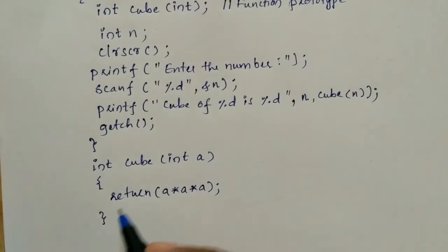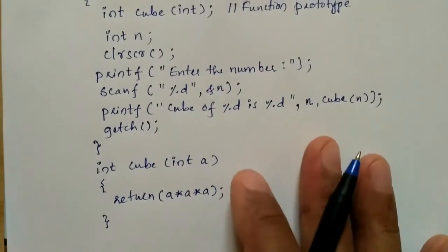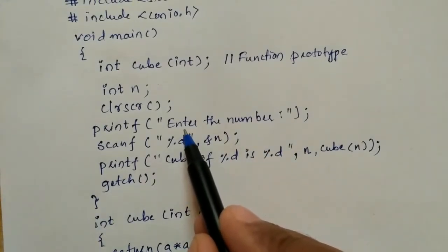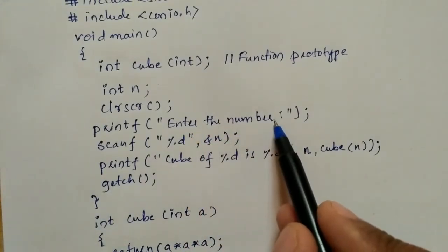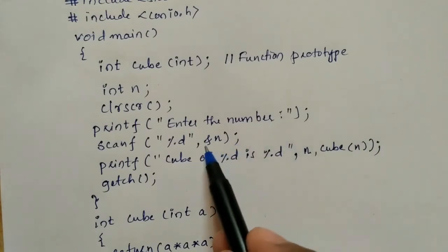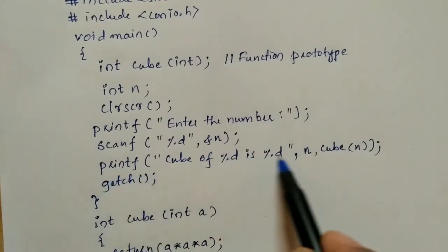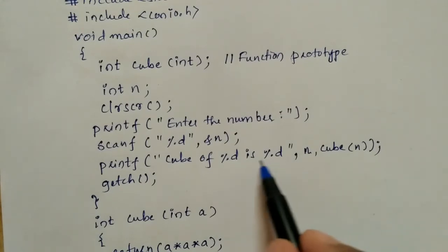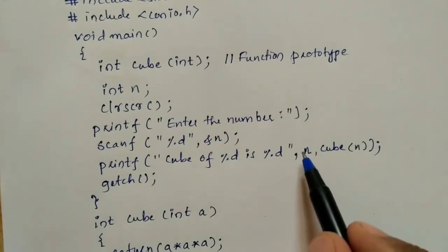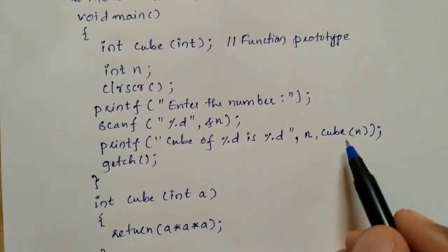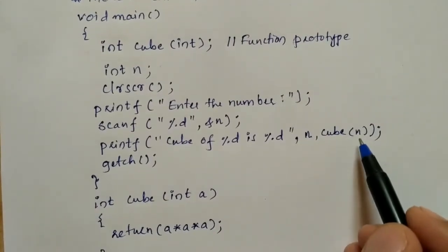So when we compile and run this particular program, for the first time it is going to ask the user to enter the number. So as soon as the user enters any number, this particular statement will get executed. Before it executes and prints the value or cube of a number, here is a function called cube of n.